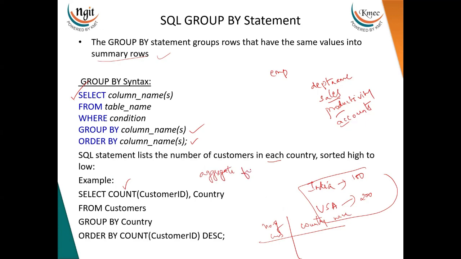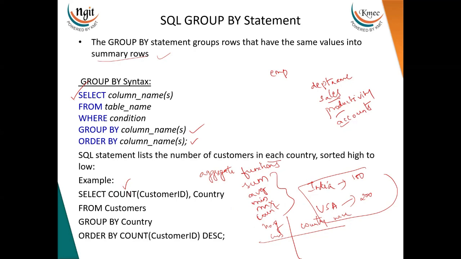We have several aggregate functions, namely sum, average, minimum, maximum, and count. These are the basic functions that come under aggregate operations. Whenever these functions are used, they are only used for mathematical calculations.